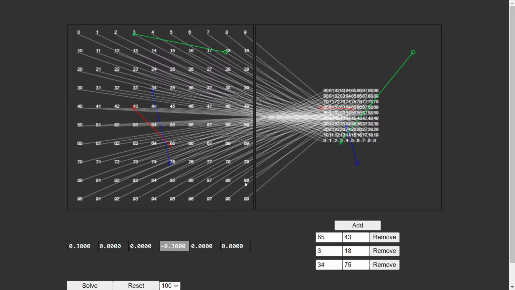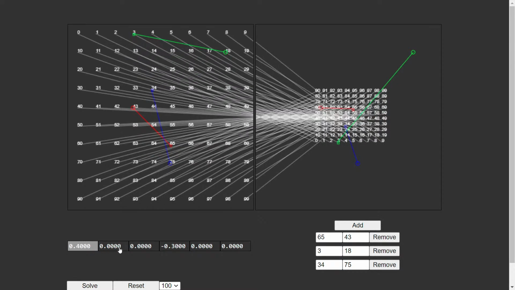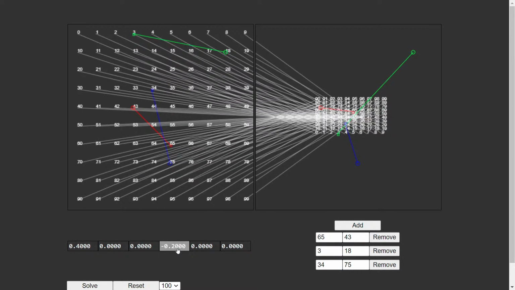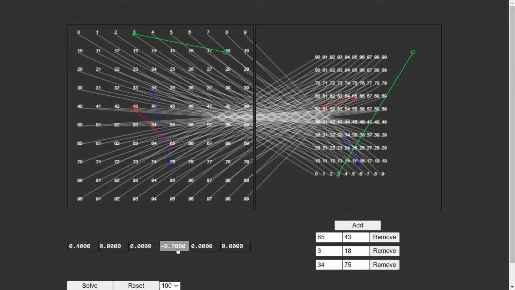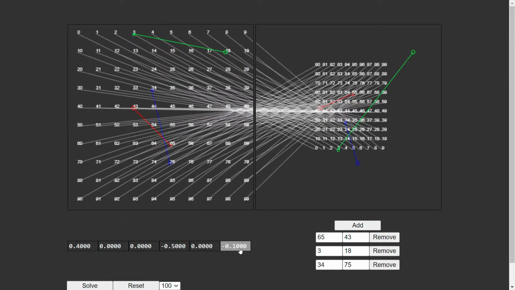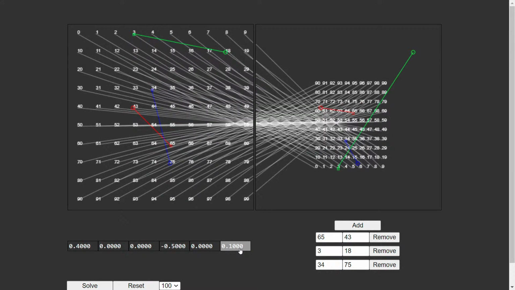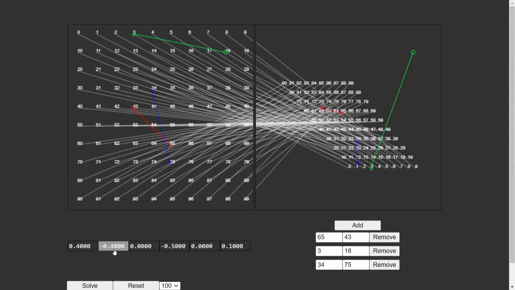Okay, let me finish trying to fit the situation here. We're trying to fit blue and red, and it's kind of hard, because it's like a puzzle.